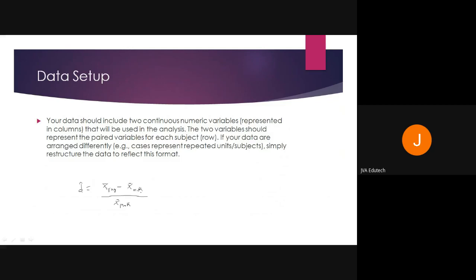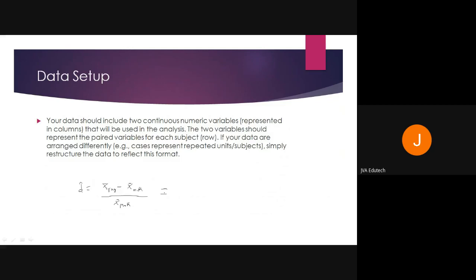So Cohen's d is equal to the mean of the first variable minus the mean of the second variable upon the mean of the second variable. This is Cohen's d.